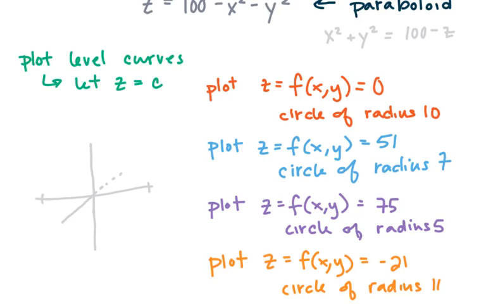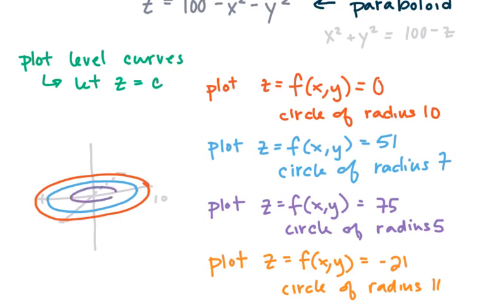So if we went out to 10 on all of these axes, essentially we'd have this circle of radius 10, then a circle of radius 7, a circle of radius 5, and we also have this circle of radius 11. So all of these circles are going to occur at different levels of z.